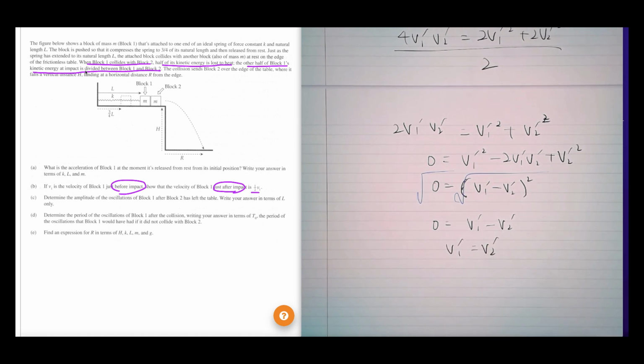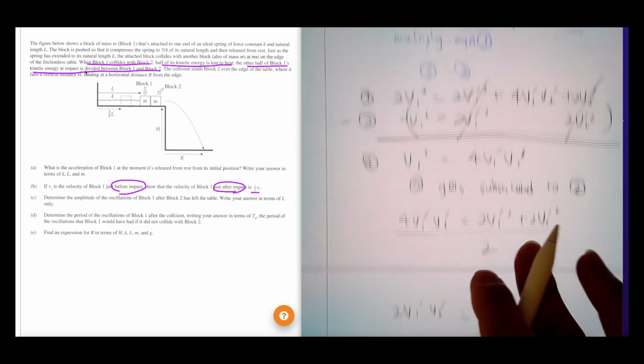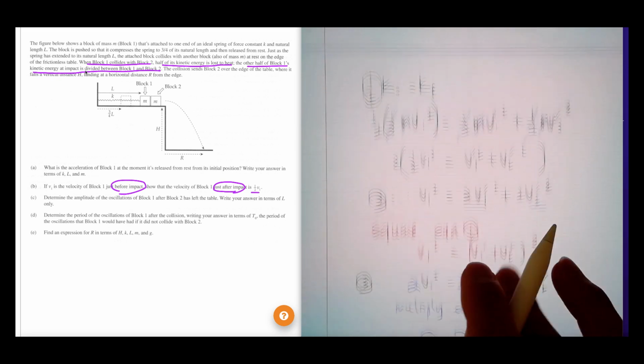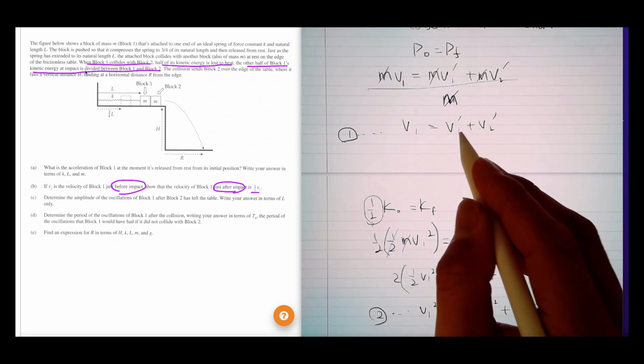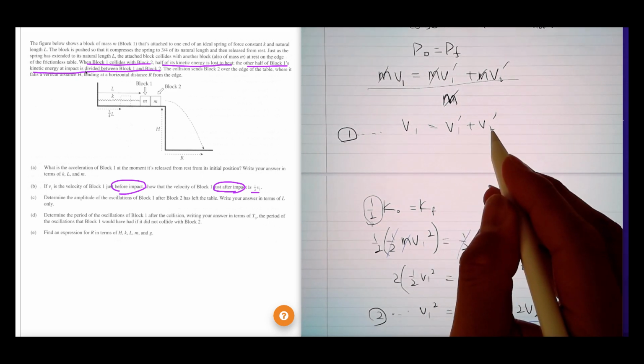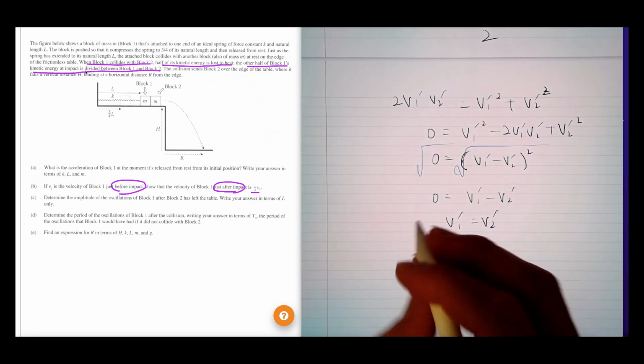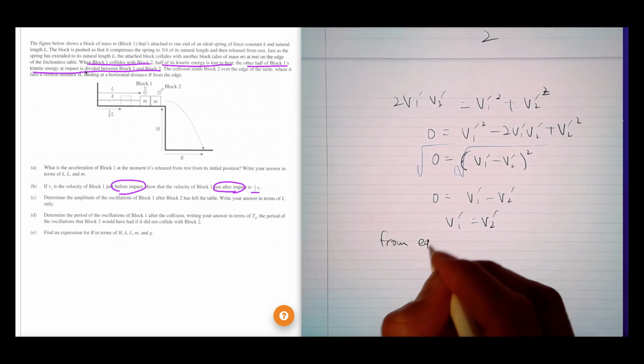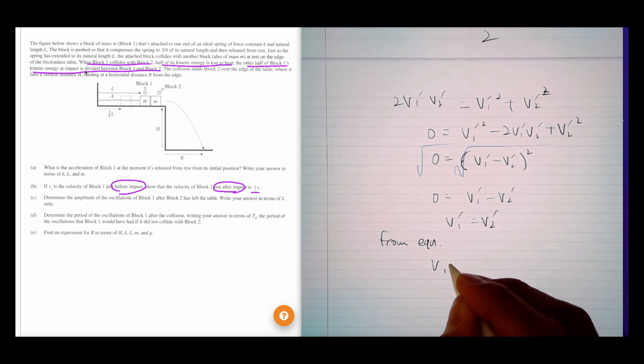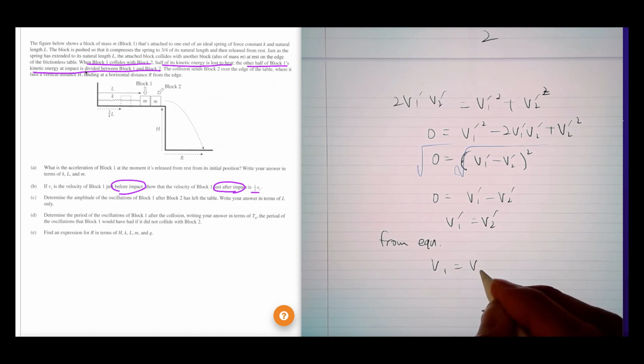Now that's going to be so much easier for our equation 1. If you go back to equation 1, it's telling us that b1' and b2' are equal. So our equation 1, we said b1 equals b1' plus b2'.